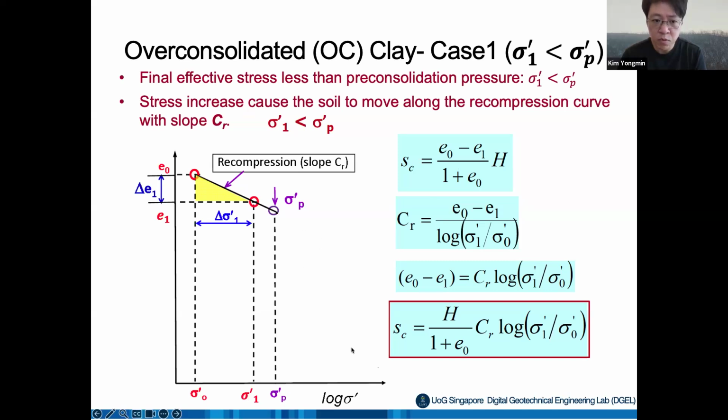So I don't have any virgin compression curve anymore, so I only take these volume changes. H over 1 plus initial void ratio, Cr, and log of initial effective stress and final effective stress. Both of these stresses are still smaller than the pre-consolidation pressure.